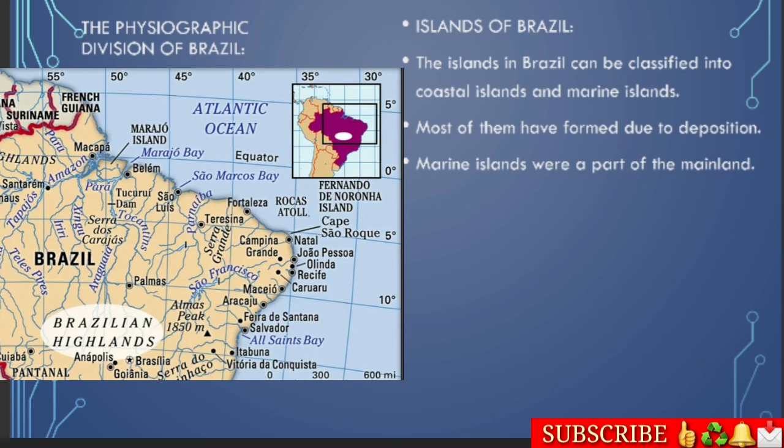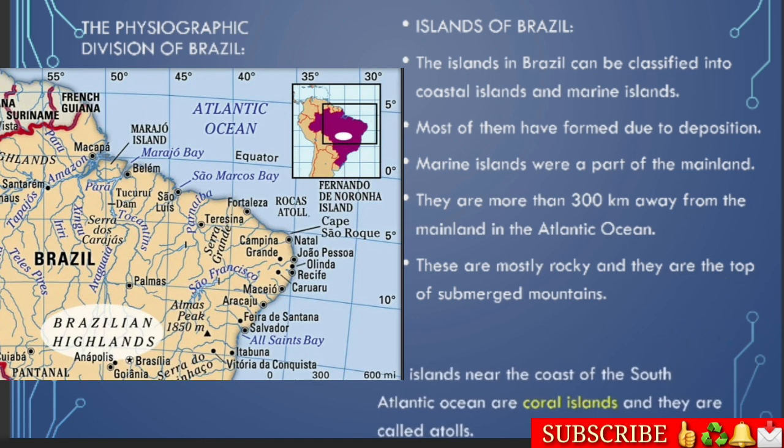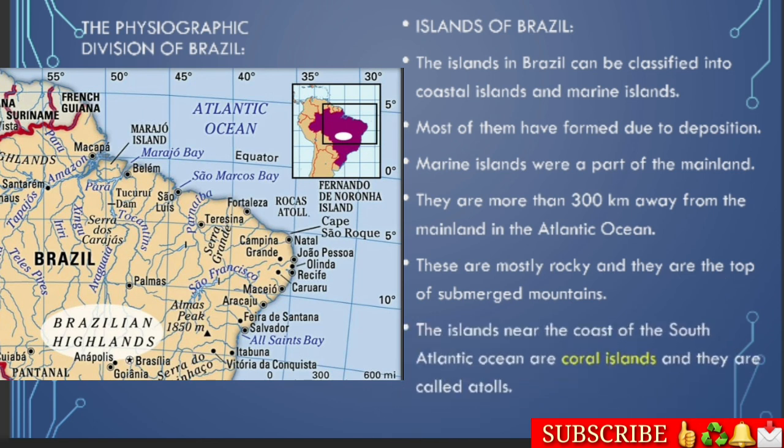Student, marine islands were a part of the mainland. They are more than 300 kilometers away from the mainland in the Atlantic Ocean. Students, these are mostly rocky and they are the top of submerged mountains. The islands near the coast of the South Atlantic Ocean are coral islands and they are called atolls.